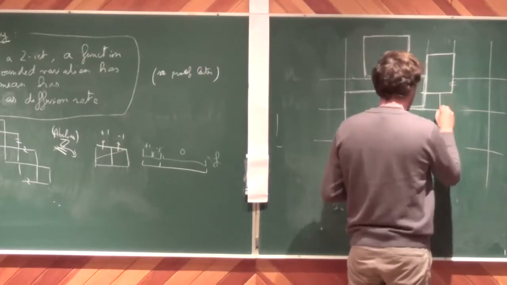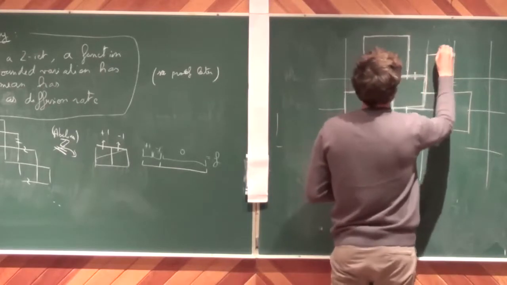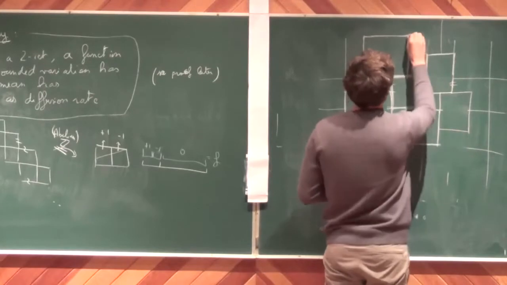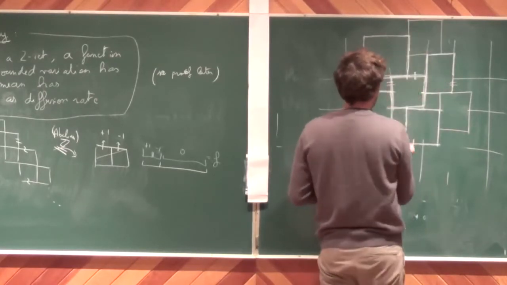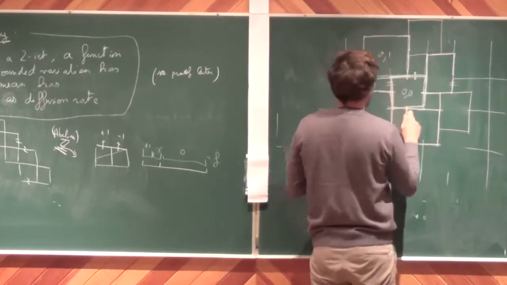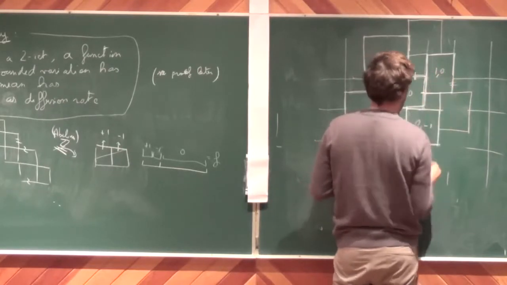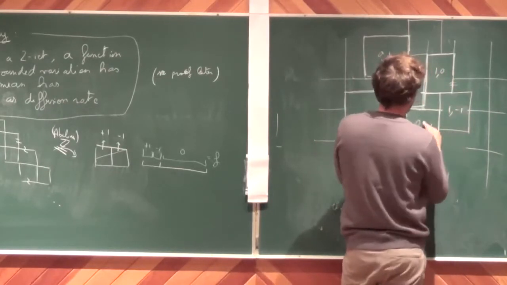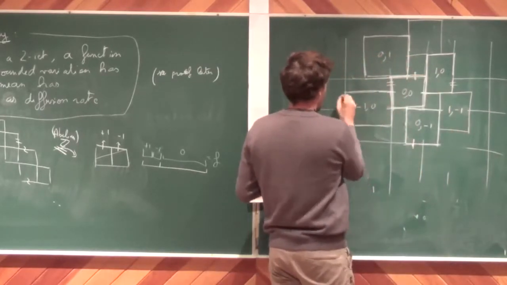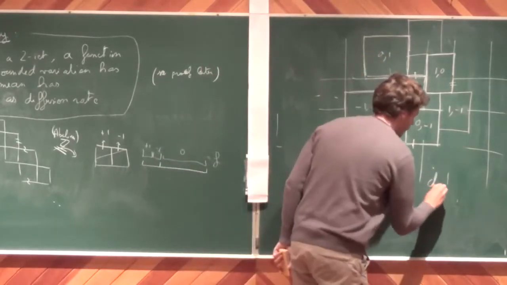So here you have a square as well, and here as well, which touches this one. And so if this is the initial copy (0,0), here you go up, this is the copy (0,1). Here you go down, this is copy (0,-1). Here you go right, this is copy (1,0). This one is (1,-1). And you see that because you have commutation, you glue them together. This is (-1,0). And you continue that way. And as before, the diffusion rate here is 0.